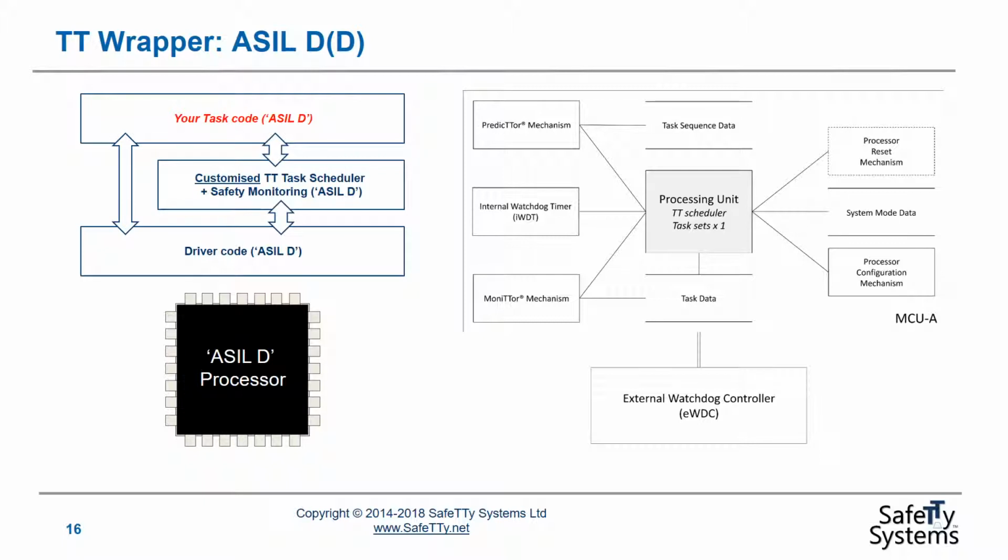In place of the operating system, we'll have a customized, very small TT task scheduler with related safety monitoring components. On top of this, we'll run the task code for the application. So there's a small amount of task code to be created on top of this framework.